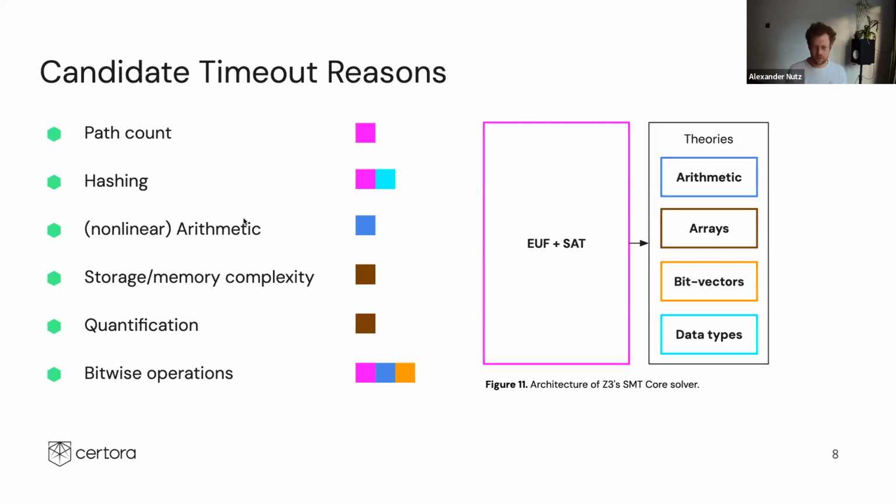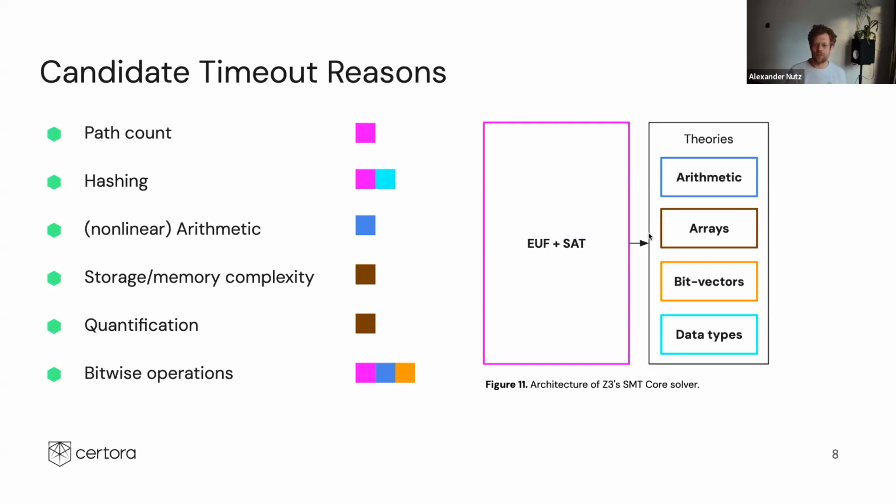There's arithmetic. That's kind of a different part of the problem. Especially nonlinear is bad, so that will end up in this arithmetic solver. If you have many reads and writes from memory or storage, that can add complexity.